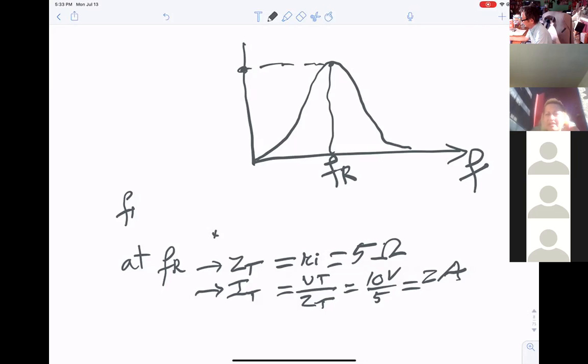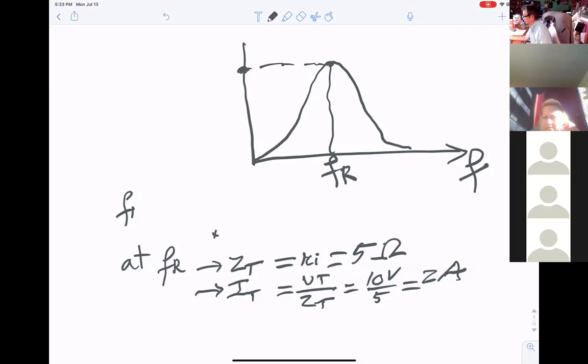The frequency in the middle means the resonant frequency, and this is the maximum. But I want to know what the value in here stands for.